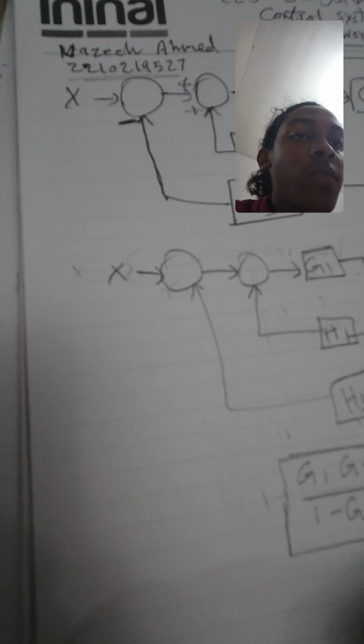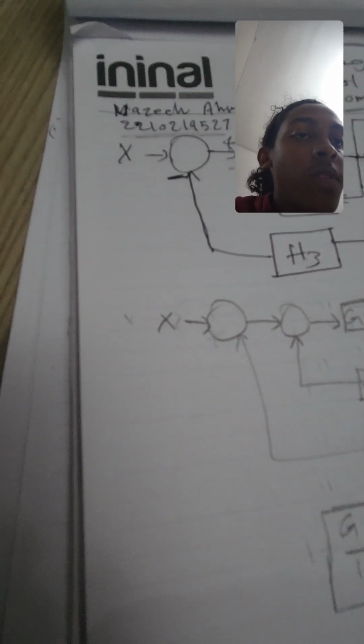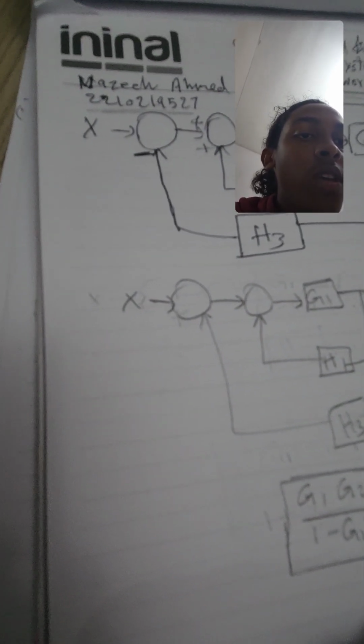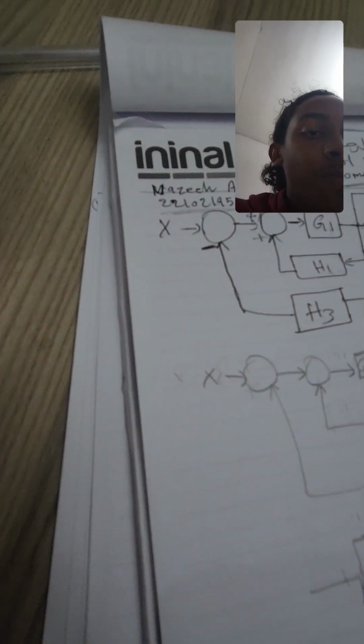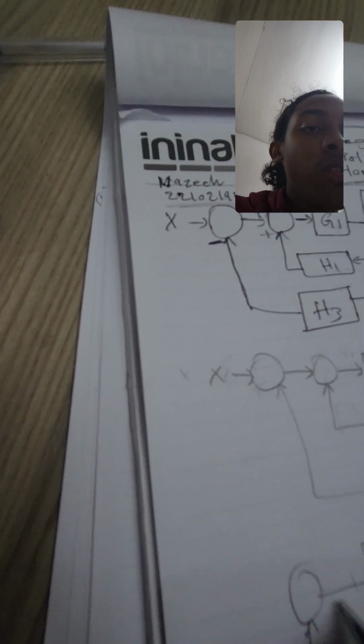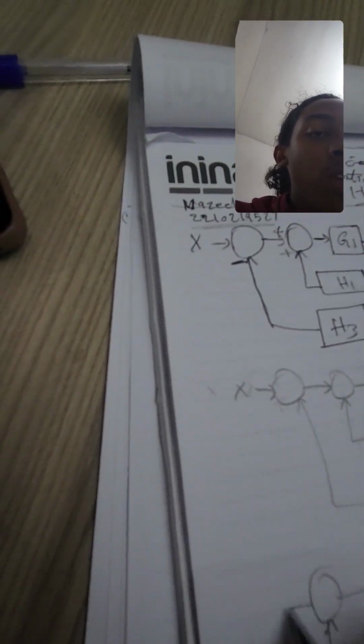So let's draw it: G1 G2 over 1 minus G1 H1. There is all the way here H3. We have a summing point here, and H3.